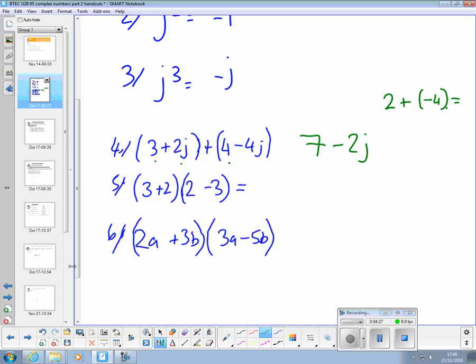How do we deal with this? 3 plus 2 in brackets times 2 minus 3 in brackets. Fish method: if you draw a line from 3 to 2, and then 3 to minus 3, then 2 to 2, and then 2 to minus 3, you do that times that, the 3 times minus 3 as well, and then you do 2 times that.